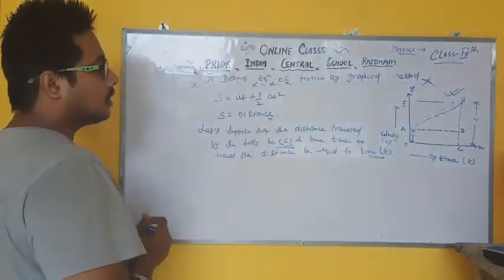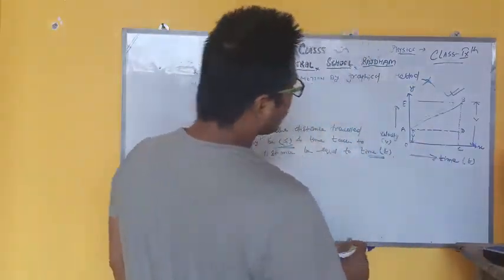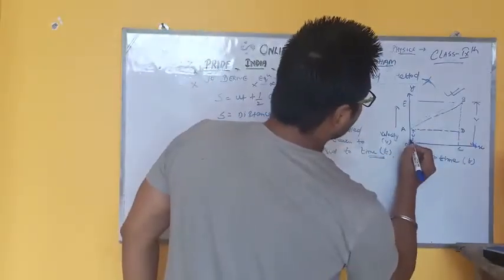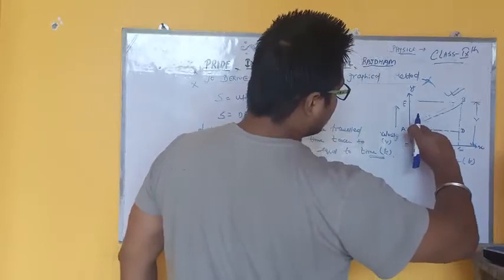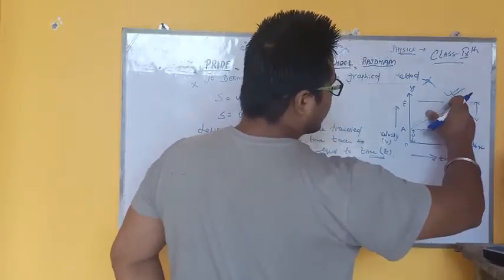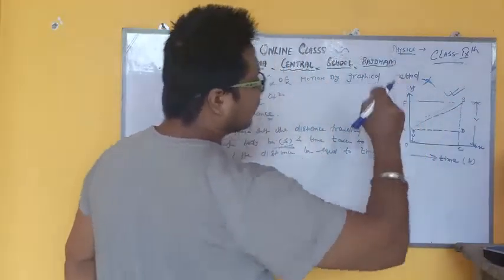So if you look at this figure, this is the initial velocity, then it has a uniform acceleration, and this is the final velocity.